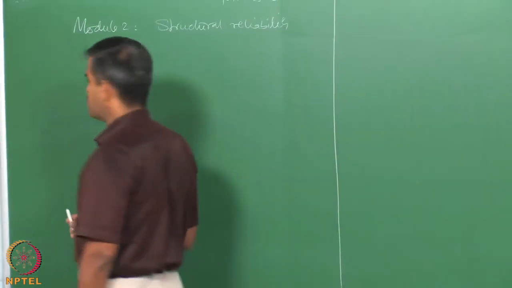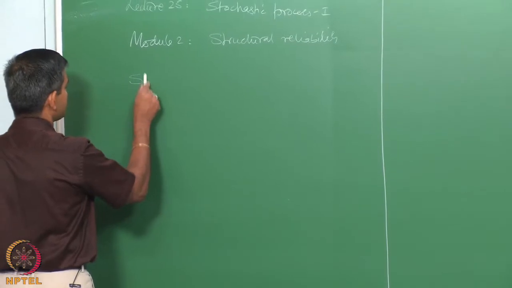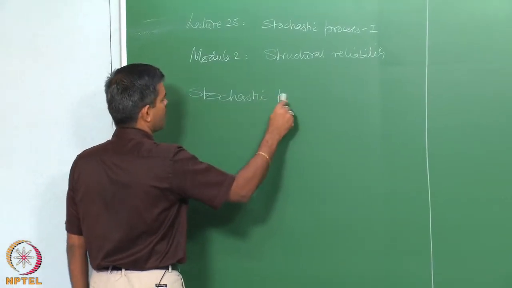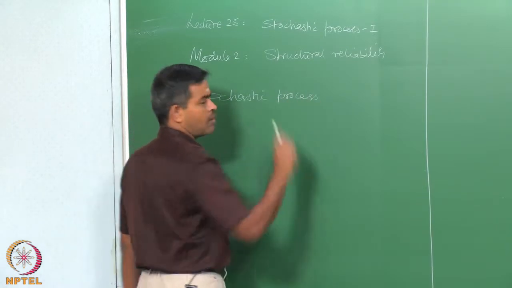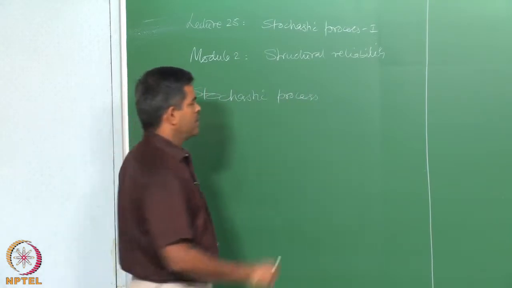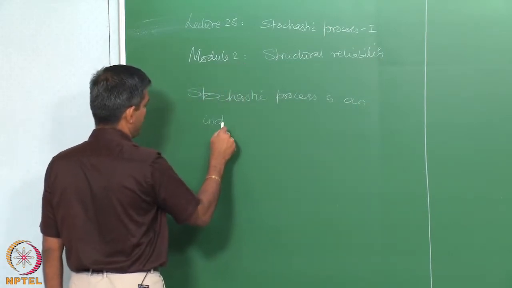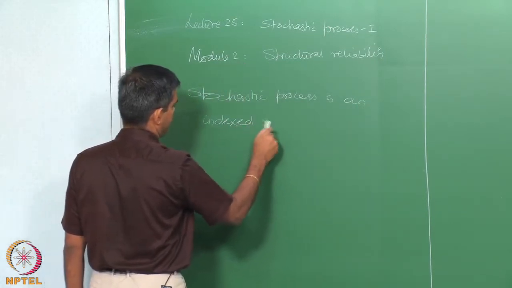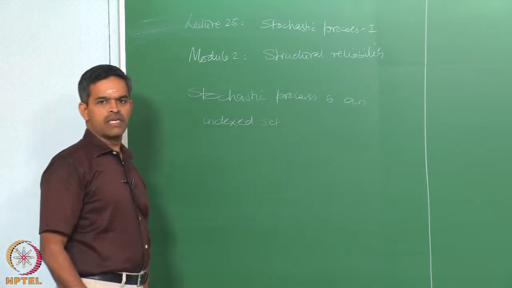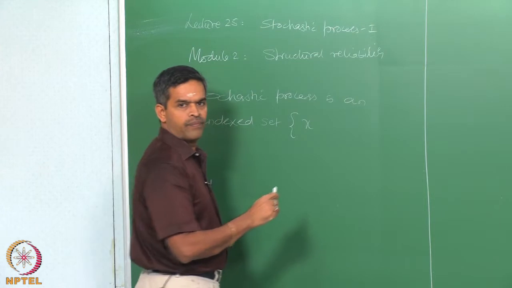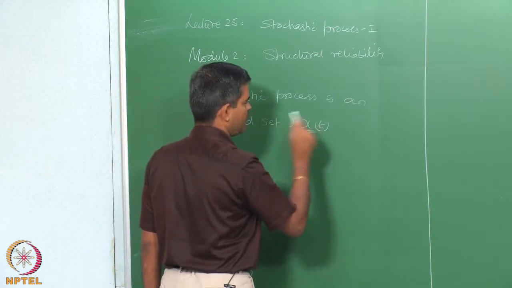So, a stochastic process is actually an indexed set. Let us call this set X of t, which is a time variable.